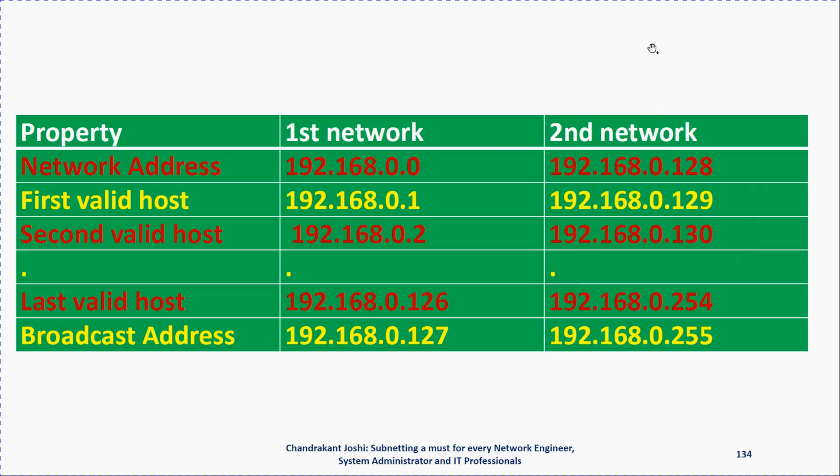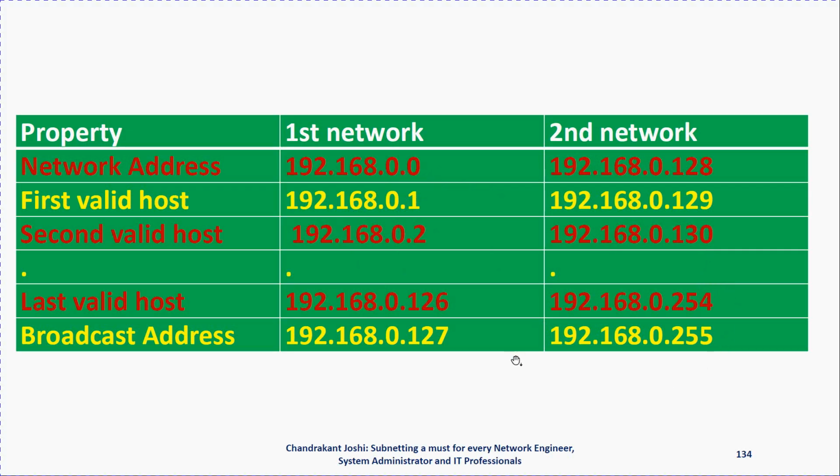So originally there were 254, now 126 plus 126, 252. So as we do subnetting, number of networks increases and the number of valid hosts decreases. The total valid hosts also decrease and per subnet also decreases.